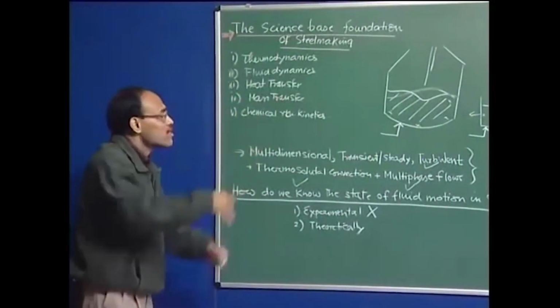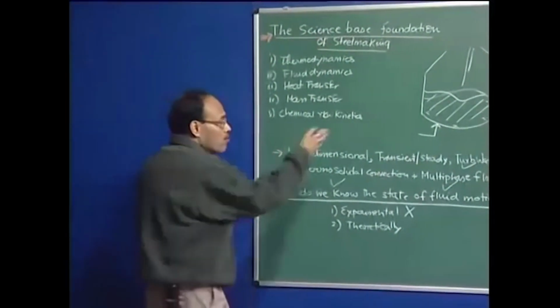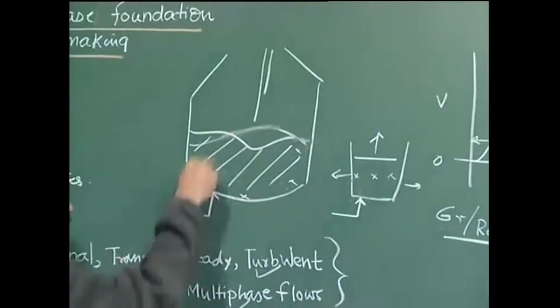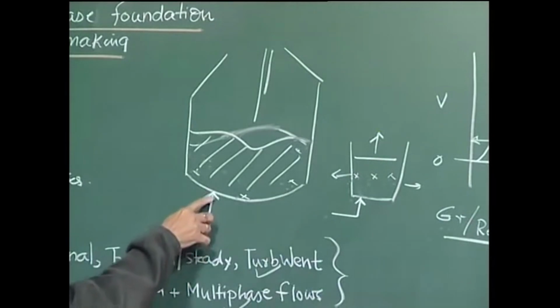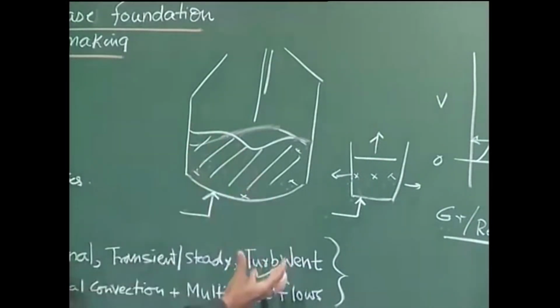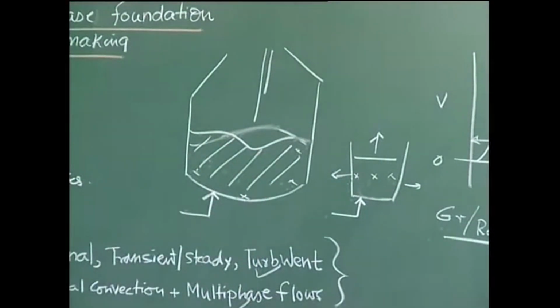As far as the flow of liquid is concerned, the compressibility may not have direct relevance. Of course, the motion of gas would influence the motion of the liquid. So, if the gas compressibility influences the motion of the gas, there is going to be an indirect influence of gas compressibility on the movement of liquid steel.